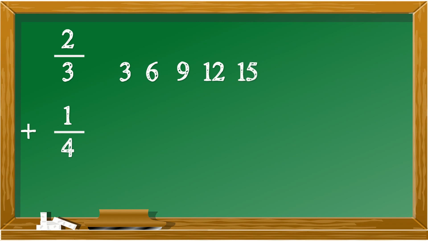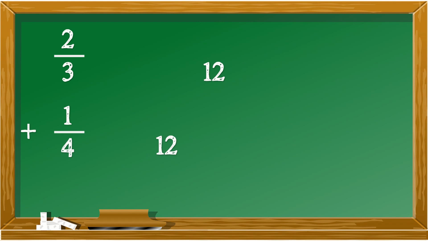And let us stop at 15 for this time and go for the multiples of 4. 4 because 4 times 1 is 4. 8 because 4 times 2 is 8. 12, 16, and their common denominator is 12.